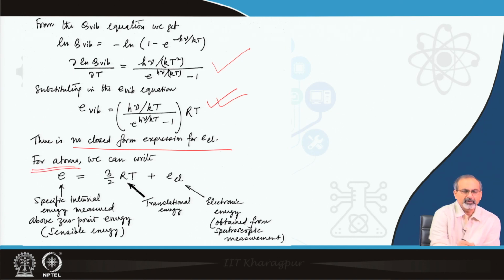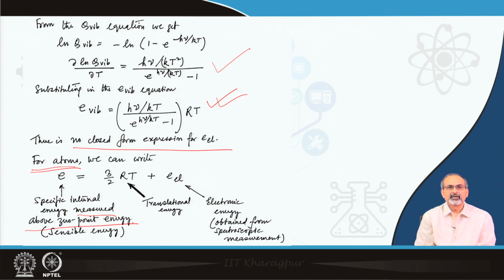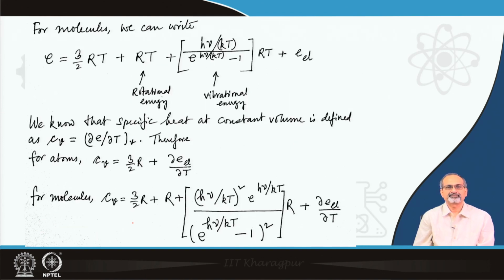From what we found here, for atoms we can therefore write the specific internal energy, of course measured above zero point energy, keep that in mind, is going to be equal to 3 by 2 RT plus the electronic energy, which is not specified here, but needs to be obtained from spectroscopic information or measurement.